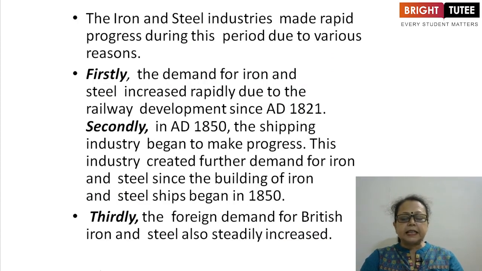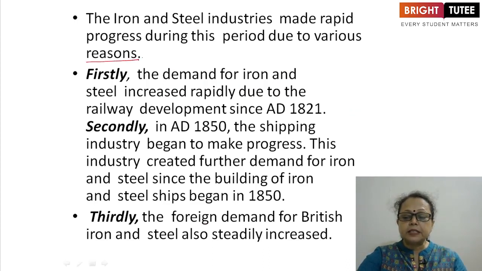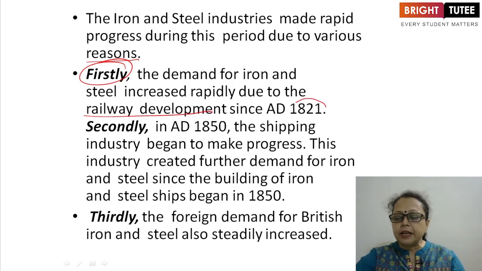The iron and steel industries made rapid progress during this period due to various reasons. What were the reasons behind it? How and why did these industries make rapid progress? So first of all, the demand for iron and steel increased rapidly due to the railway development since 1821.